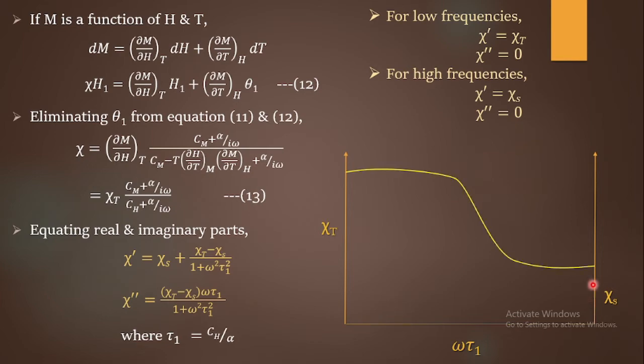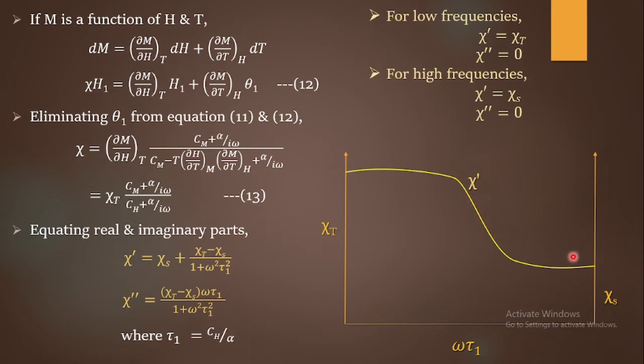So as such, if we observe, chi prime is a combination of both chi s as well as chi t, but at lower frequencies we can say chi prime is equal to chi t, and at high frequencies chi prime is equal to chi s. So this is the chi s value and this is chi t value. This is the nature of graph for chi prime.